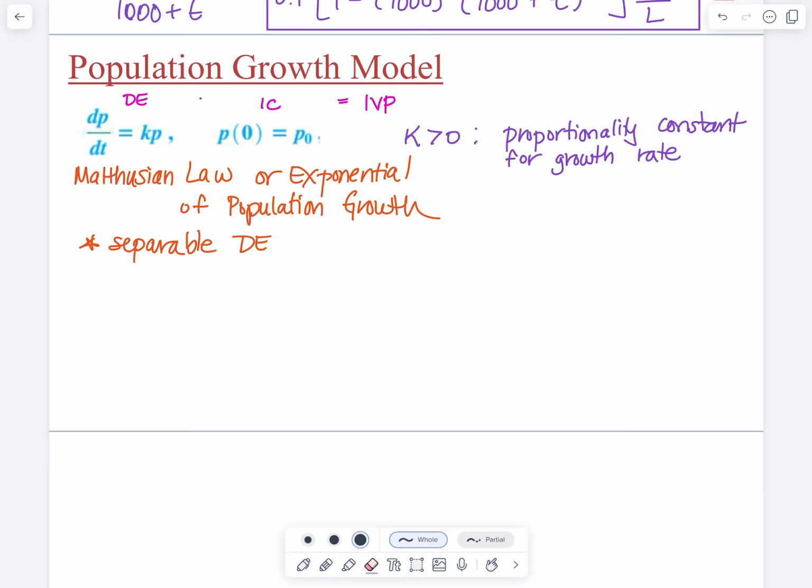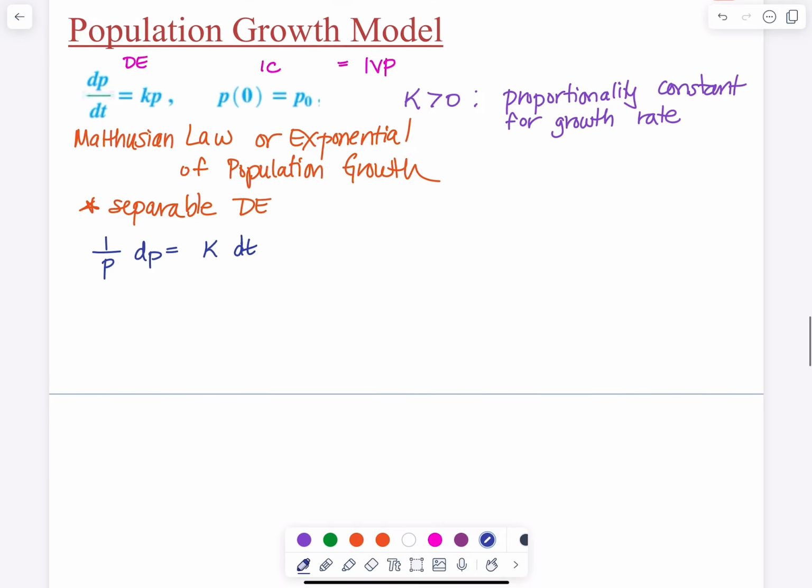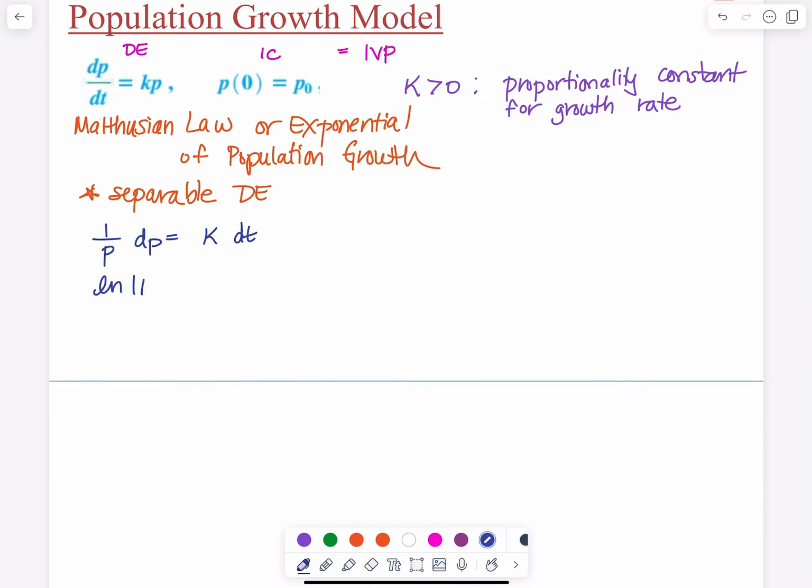Let's go ahead and separate our variables. We have 1 over P dP equals k dt. Now that we've separated, we integrate.